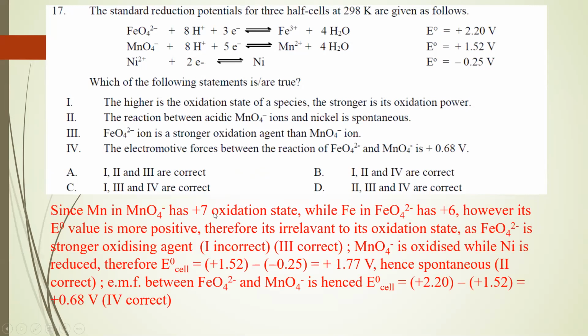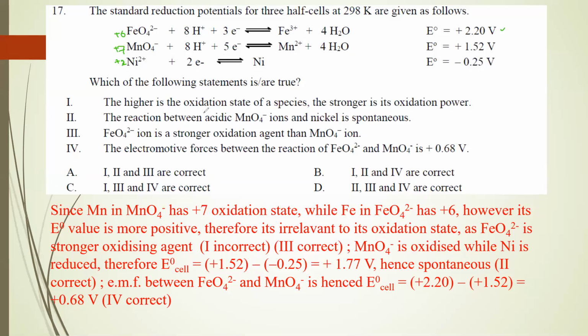So Mn is plus 7, and then iron is plus 6. Okay. And then Ni is plus 2. So this one is not true because Fe is still the most positive. So it has nothing to do with being a high oxidizing agent.